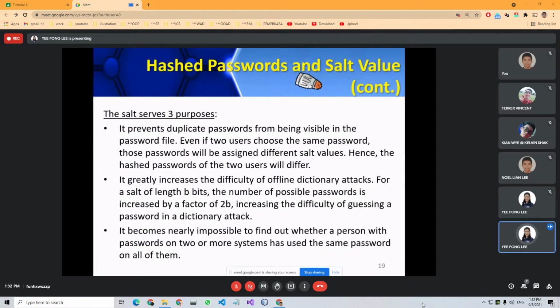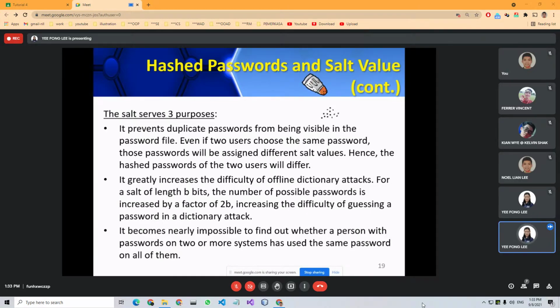Even though the input is the same, after adding the salt value, the output of the hash function is unique. This cryptographic salt is made up of random bits added to the password before hashing.